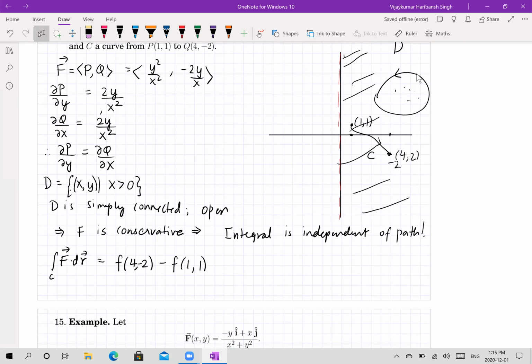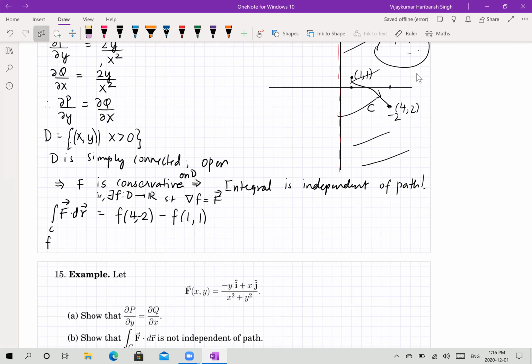How would we compute f? It's conservative, which means there exists f from D to R, again conservative on D, not throughout the whole domain, such that grad f equals our function F. So we need to find this f. Again, we'll have to use the antiderivative setup.